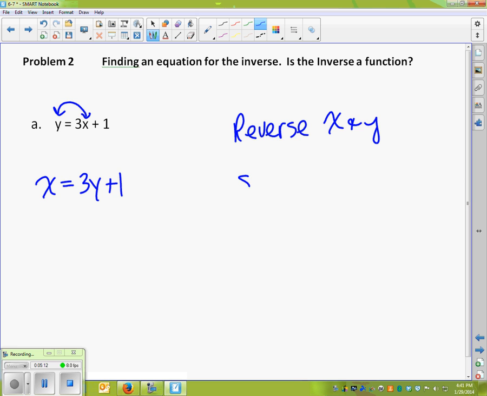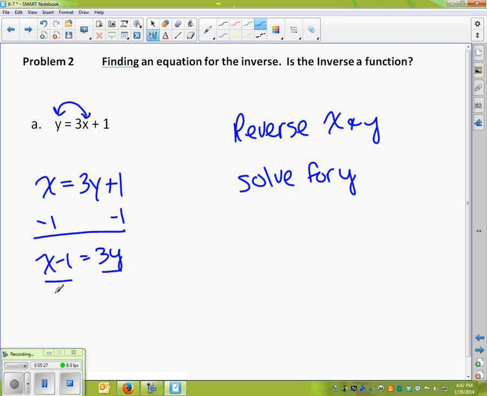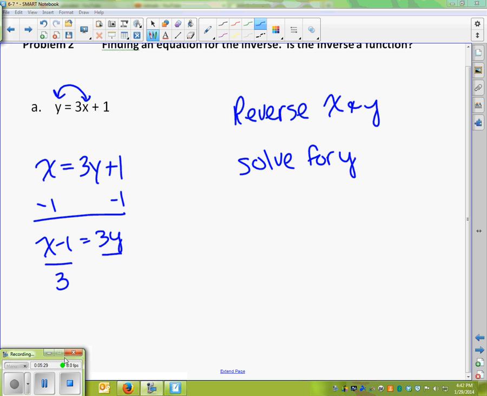Now I want to solve for y. So I'll subtract the 1 from both sides. x minus 1 equals 3y. Divide by 3. And I have that y is equal to x minus 1 over 3.